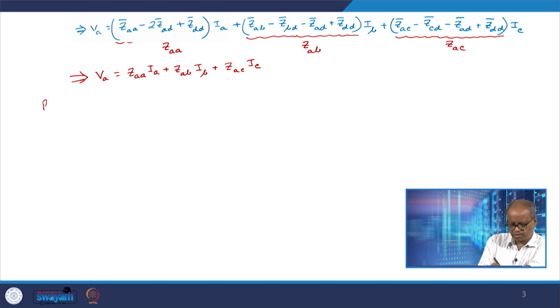Now by 2 minus 4, if I do the same operation with the second equation, so what do I get?